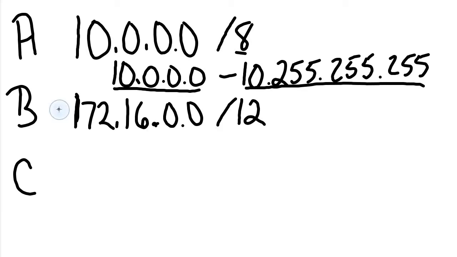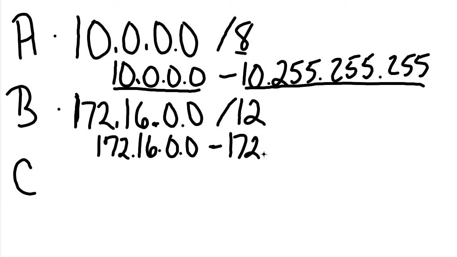If you remember the network address and its subnet mask, you could calculate it if you ever are in a spot where you need to. So the start of that range is the network address 172.16.0.0, and it goes all the way through its broadcast address, which is 172.31.255.255.